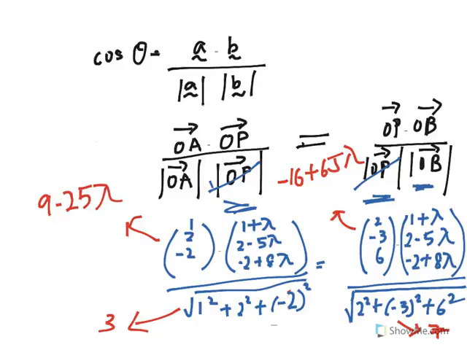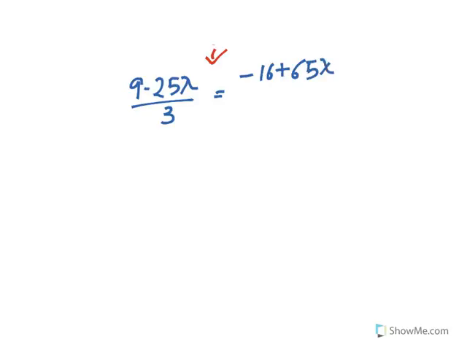You have to do the simplifying by yourself. I'm just going to jump to the next step. Solving that will give you (9 minus 25 lambda) over 3 equals (negative 16 plus 65 lambda) over 7.